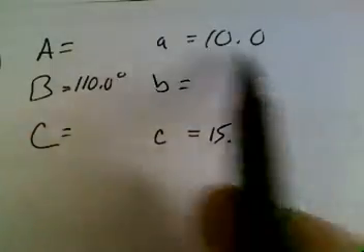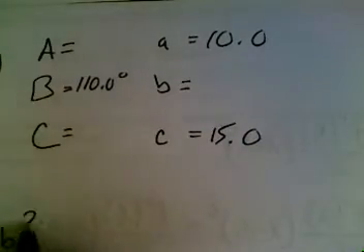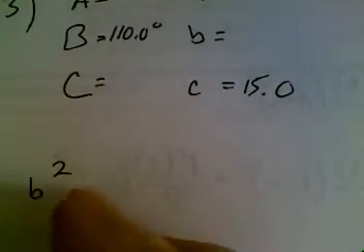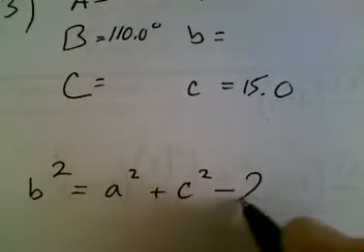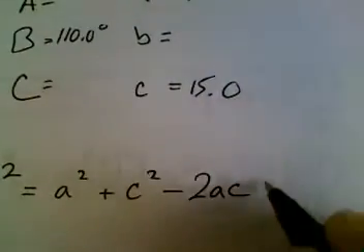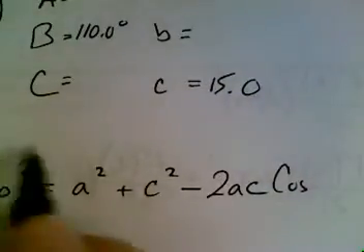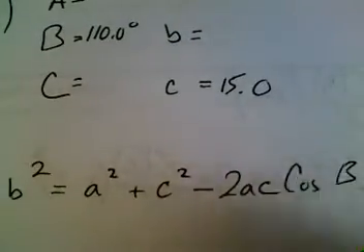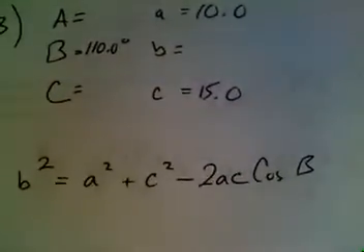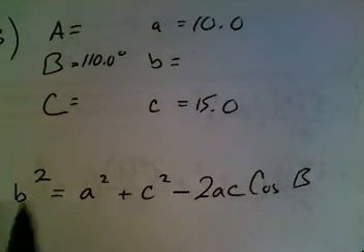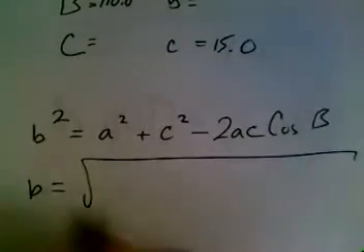Well, I might as well find this missing side. So b squared, and again, watch how I do this. b squared is equal to the other two sides squared minus 2 times the other two sides times the cosine of the angle that corresponds to the side. That's the formula. And all I'm going to do is plug this stuff in and find out what b is. So b is going to be equal to the square root of all this, plus or minus.